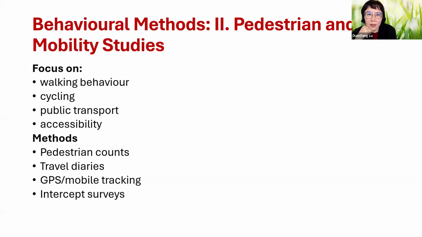And in recent decades, of course, pedestrian and mobility studies have further developed after William White's study. So there is a lot of scientific analysis in terms of walking behavior, cycling, public transport. So you might use pedestrian counts at certain times of the day, travel diaries.